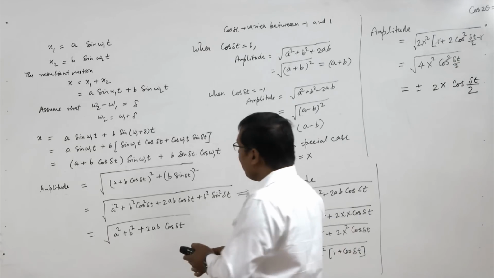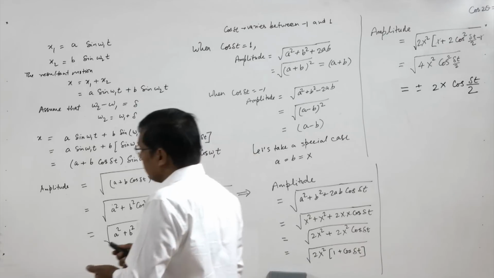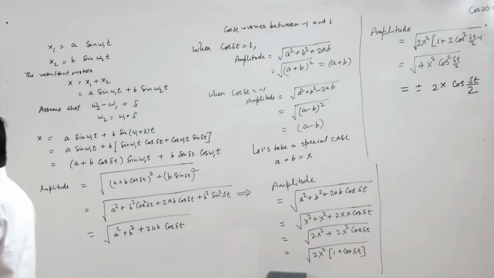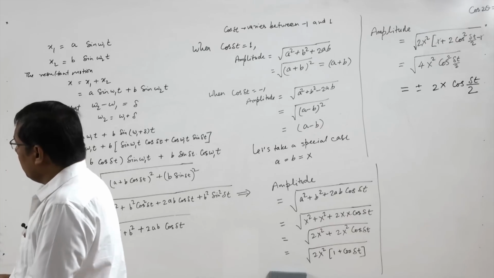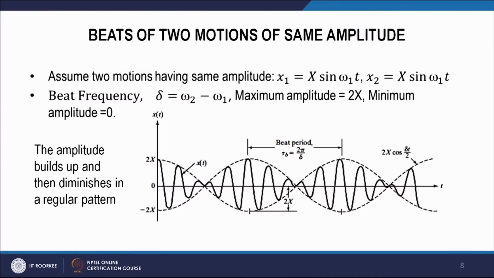So here we see that the amplitude varies as a function of cos delta t by 2, and we can see this clearly from this diagram. So here this is the resultant wave that is moving.